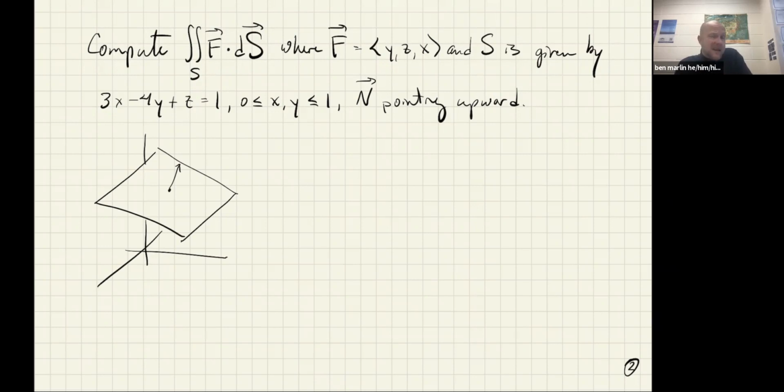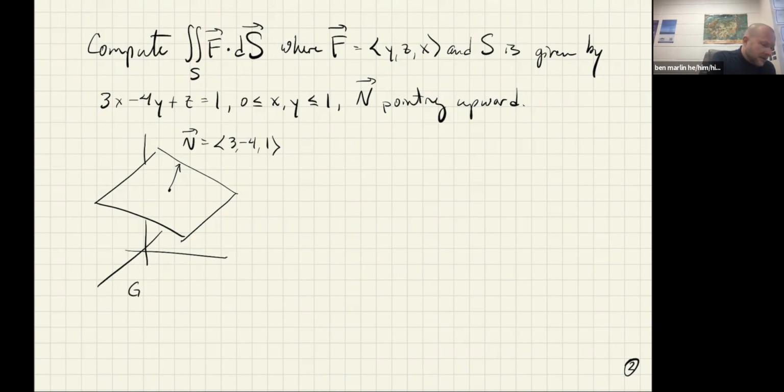And in fact, you could get away with not doing the cross product stuff in order to get that n vector, because you can see that it's going to be 3, -4, 1. Okay, and that's just from being able to read off of a plane equation there, right?